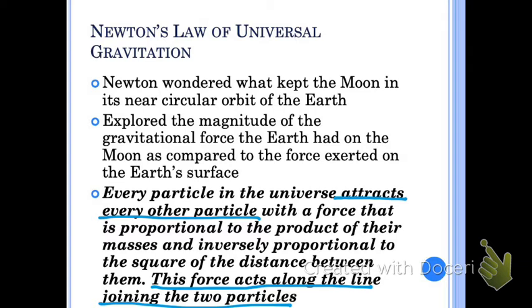Okay, so this is kind of the defining description of what gravitational force is. The first thing was, it says every particle in the universe attracts every other particle. Okay?